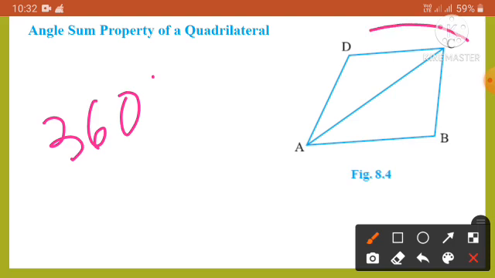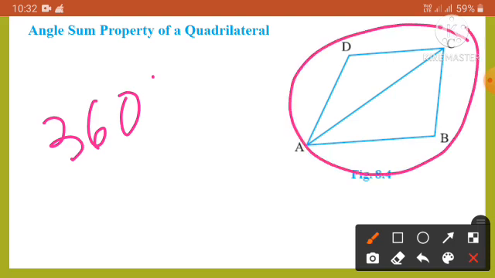Let ABCD be a quadrilateral and AC a diagonal. Now we have to find the sum of angles in triangle ADC. We know that angle DAC, angle ACD, and angle CDA or angle D equal 180 degrees because it is a triangle.